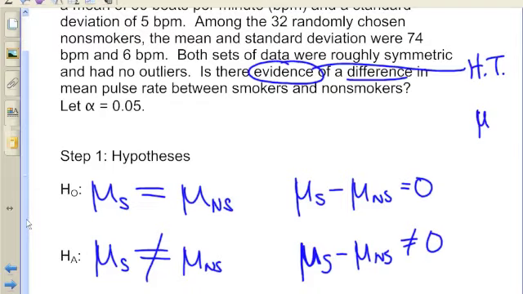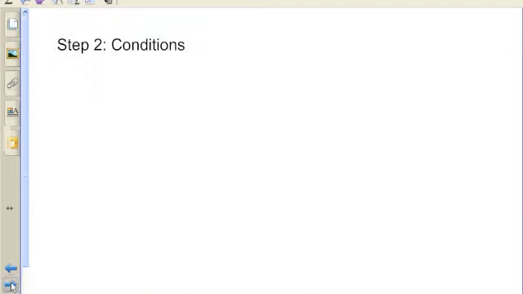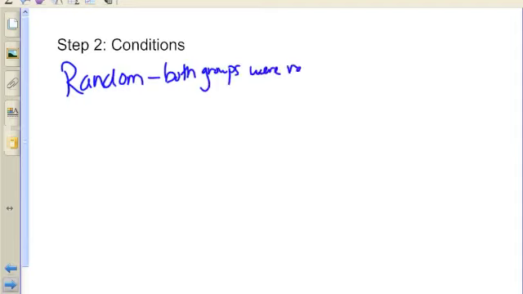I'm going to move to step 2, which is to check my conditions. Same conditions we saw in the last chapter. We just need to verify that they're true for both samples. So the first one is random. It actually said that both groups were randomly selected.